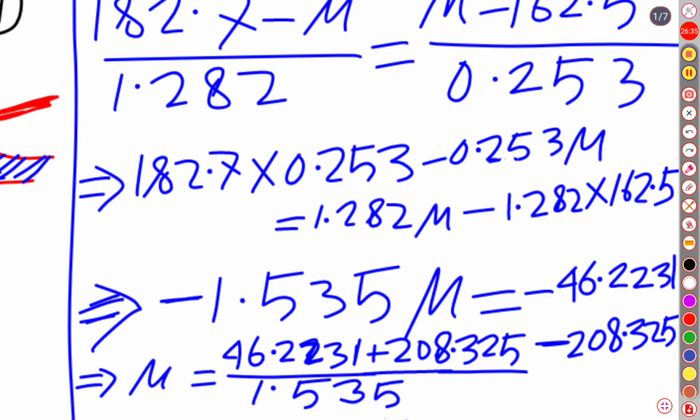Now we have to add these two quantities and divide by 1.535.